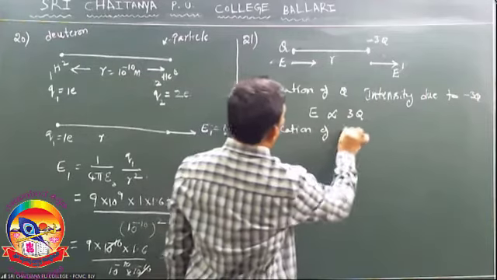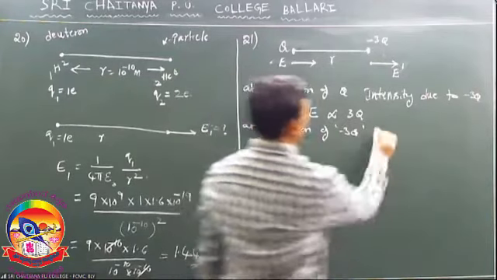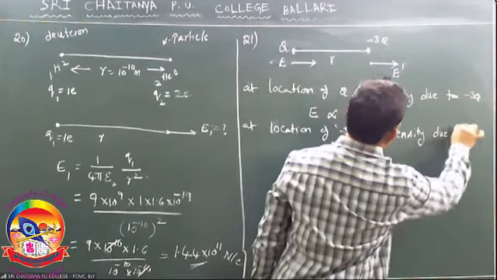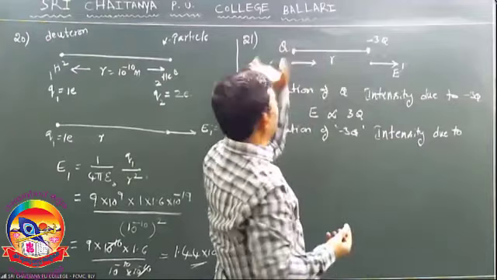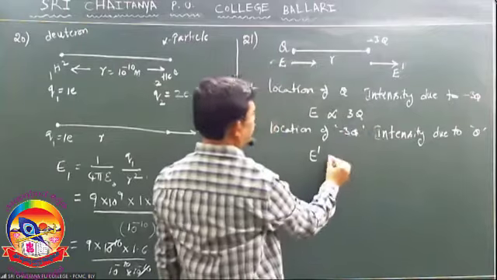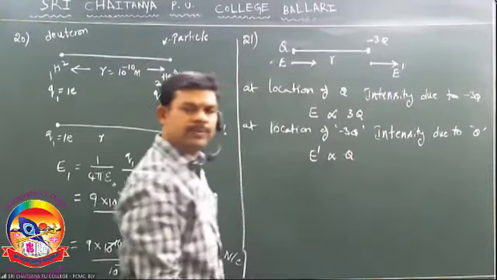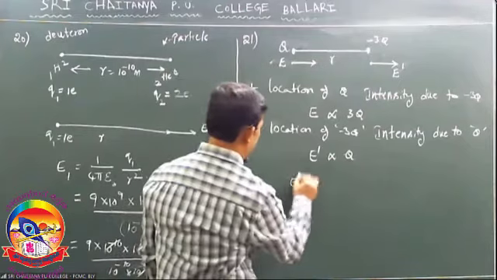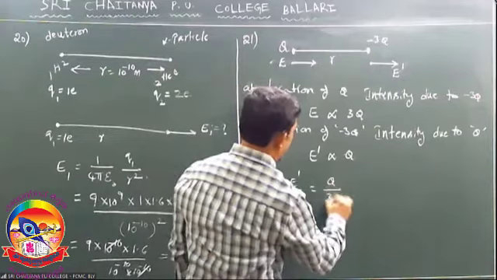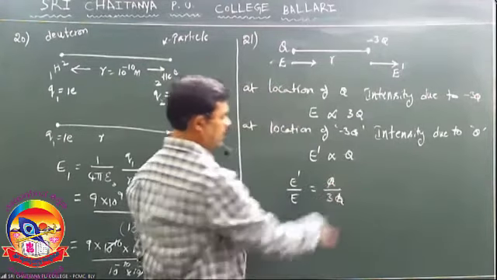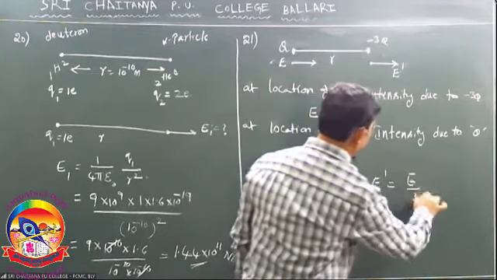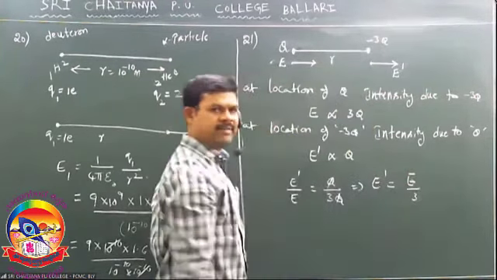At the location of minus 3Q, intensity is due to what? Q. Means that you take it as E dash proportional to Q. Now take E dash by E, Q by 3Q, Q gets cancelled. Then E dash is E by 3. Is it plus or minus?